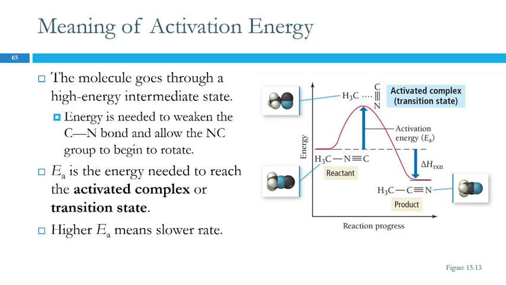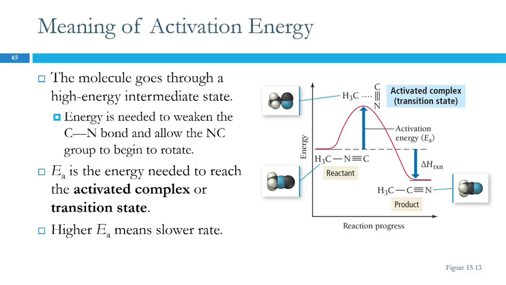So the molecule has to go through an intermediate state that's higher in energy. And this is where that carbon-nitrogen kind of pulls out away from the rest of the molecule and starts to turn. And you can imagine, if the atoms were hooked together with stretchy elastic, you'd have to pull on it to get it to come out and start turning it. When you let it go, it's going to snap back in, right?